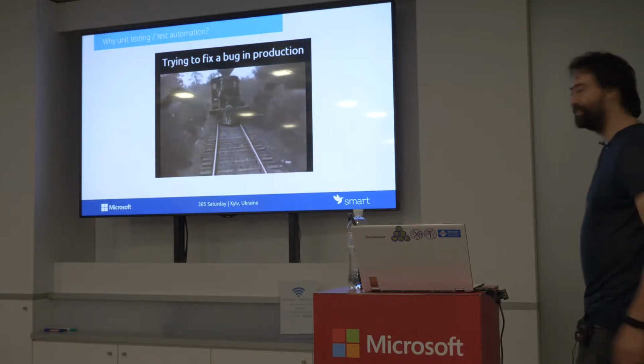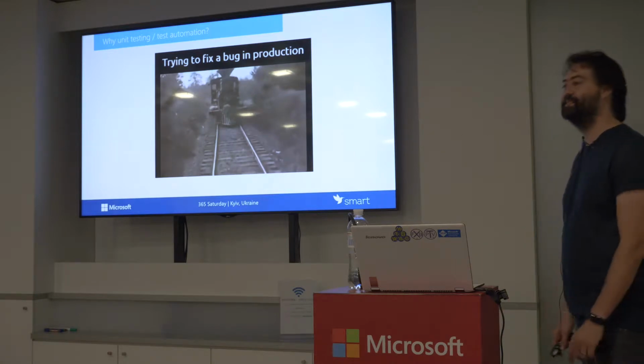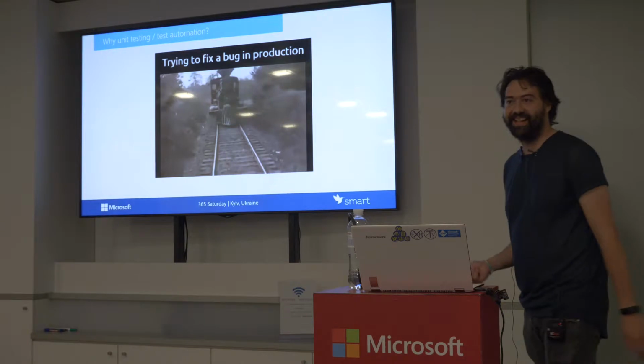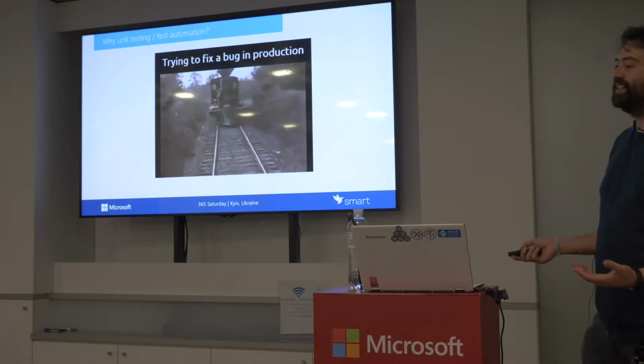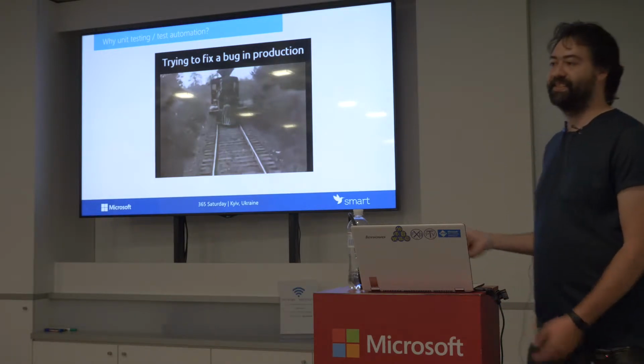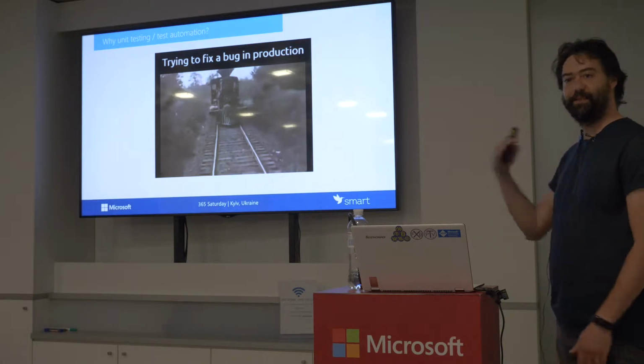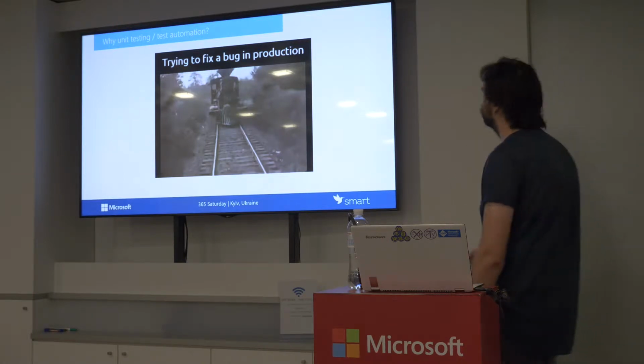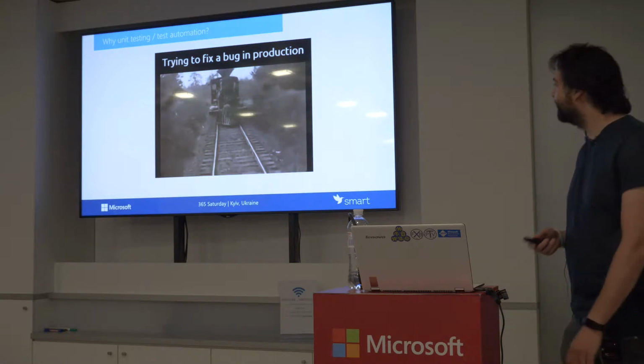This is what fixing a bug in production looks like. One of the key things we want to address with unit testing is that we all as developers hate fixing bugs in production, because you are working under pressure, and you feel really sad with it.